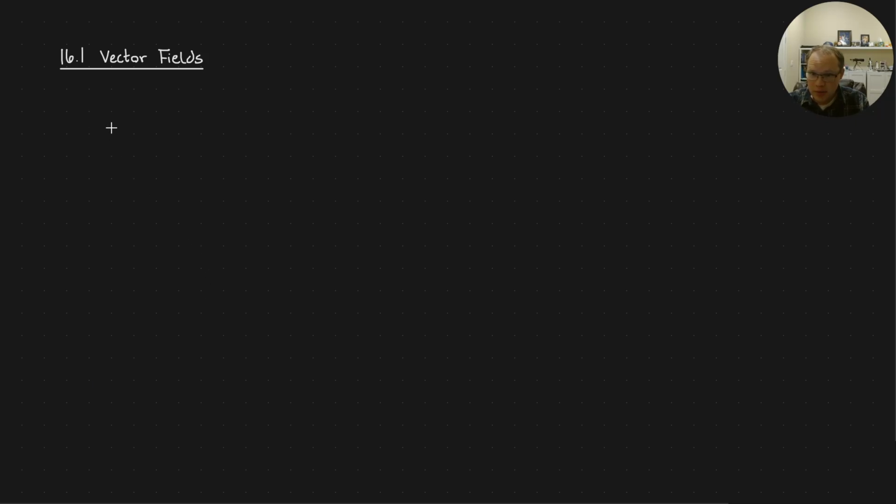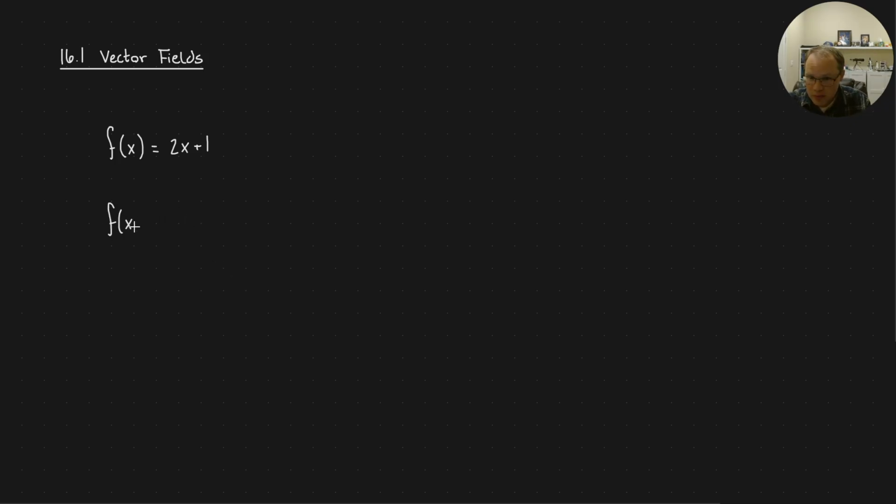So in single variable calculus, we have a function like this. For every input value, there is a single output value, right? A single numerical value.